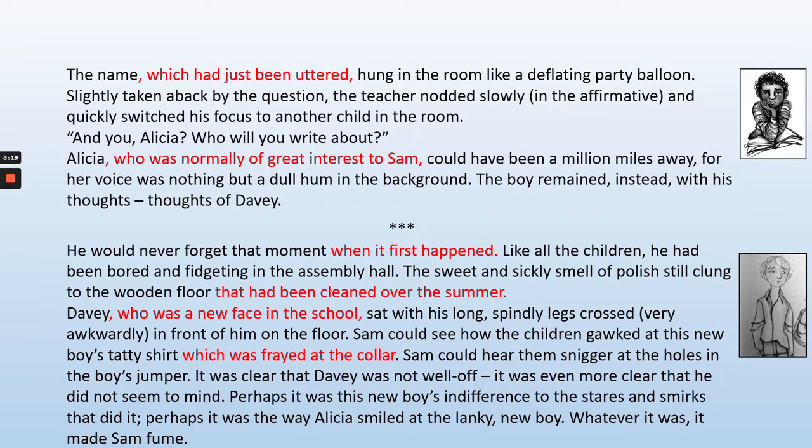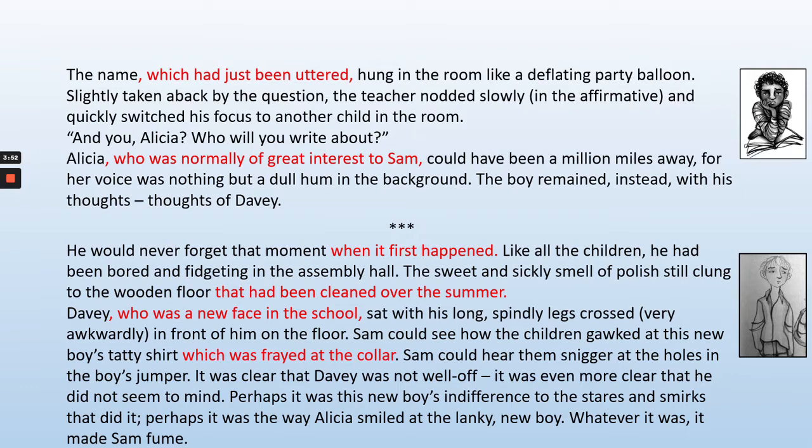He would never forget that moment when it first happened. Like all the children, he had been bored and fidgeting in the assembly hall. The sweet and sickly smell of polish still clung on the wooden floor that had been cleaned over the summer. Davy, who was a new face in the school, sat with his long, spindly legs crossed very awkwardly in front of him on the floor. Sam could see how the children gawked at this new boy's tatty shirt, which was frayed at the collar.